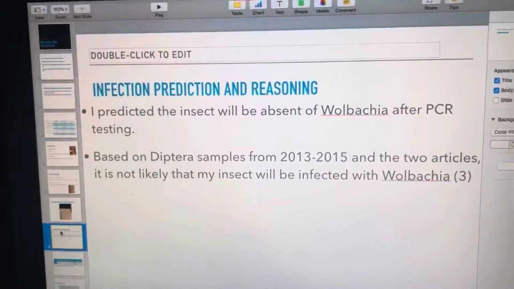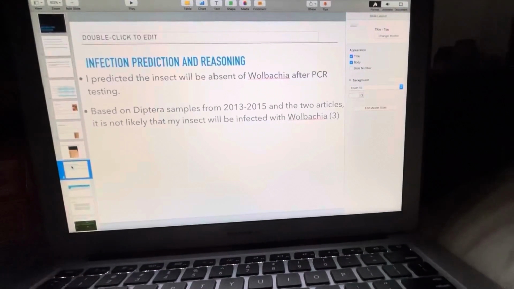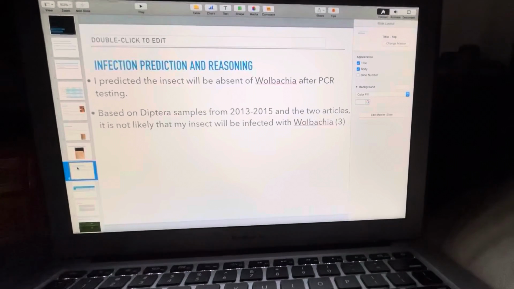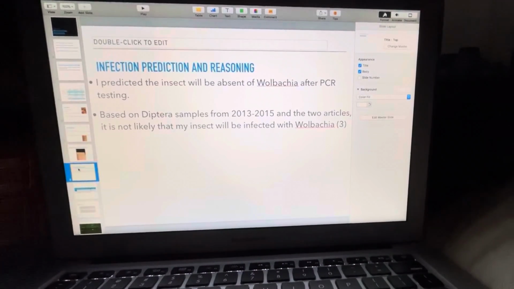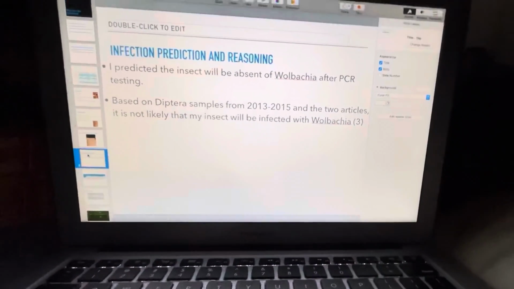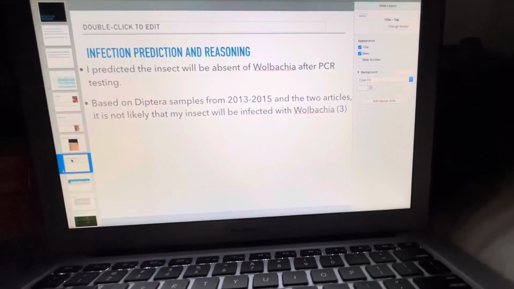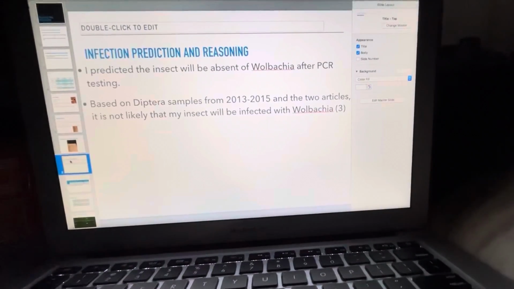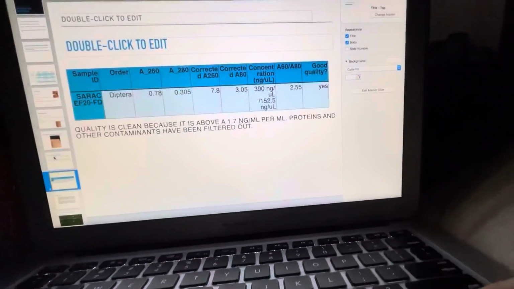My initial prediction was that Wolbachia would be absent inside the insect after PCR testing, because based on the year samples from 2013 to 15 in the two articles, it wasn't likely that my insect was going to be infected with Wolbachia, especially for flies.